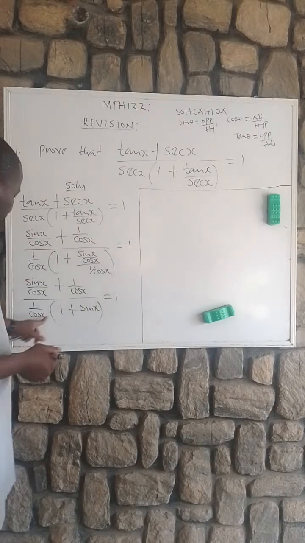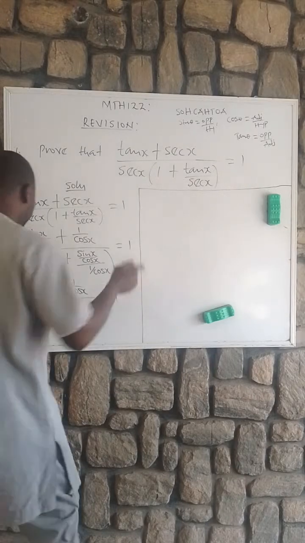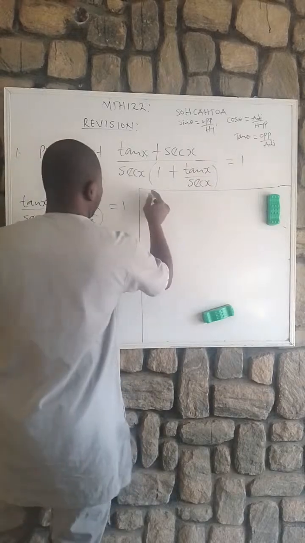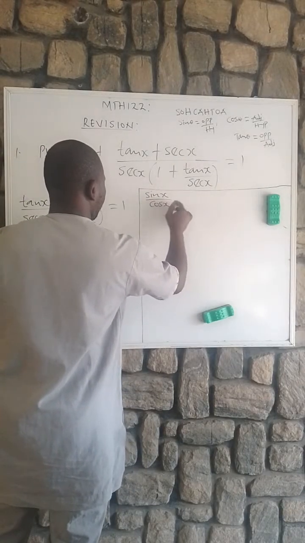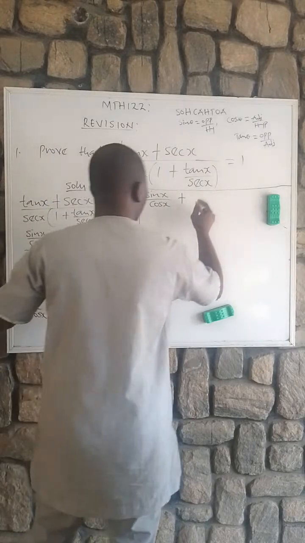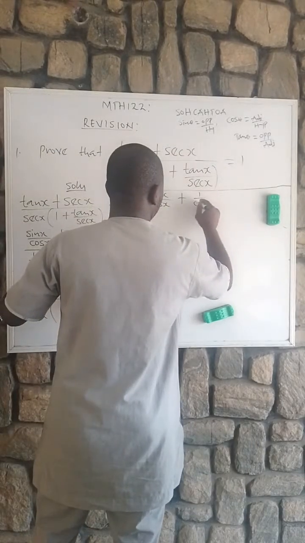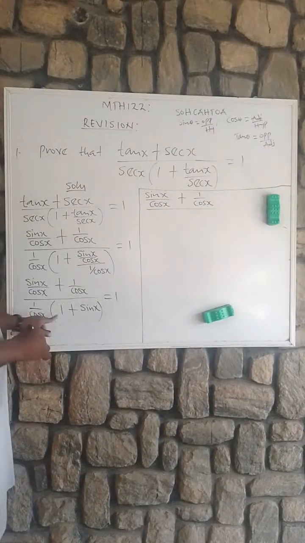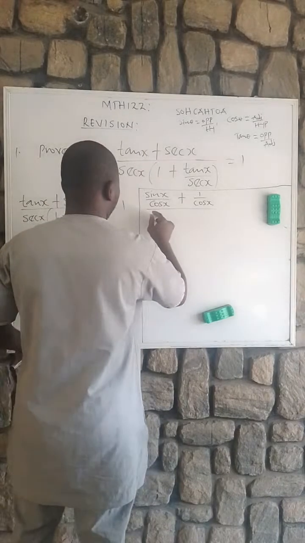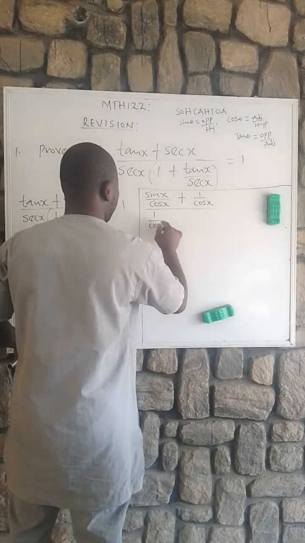So we can use this to multiply out. So the numerator will now be sine x all over cos x plus 1 all over cos x, all over. If you use this to multiply 1, we are going to have 1 all over cos x.